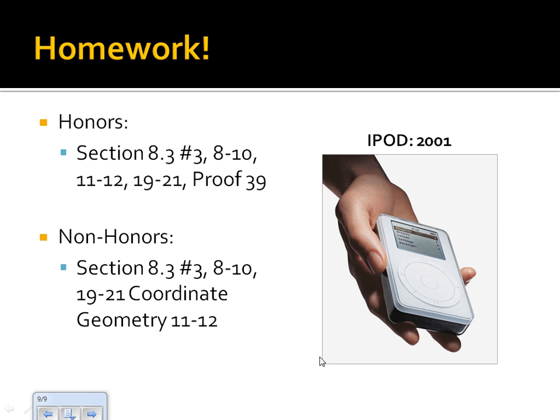So your homework, let me take a look at it real quick. Yep, it's added to it. 3, definitely. 8 through 10, definitely. 19 through 21, definitely. And then let's just do one of these. I'll cut it.